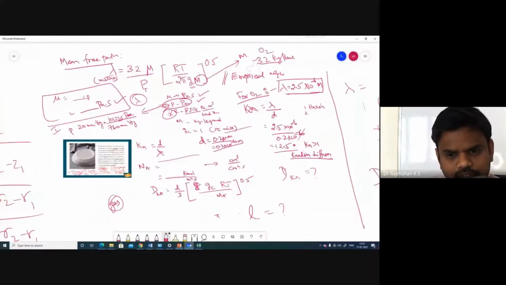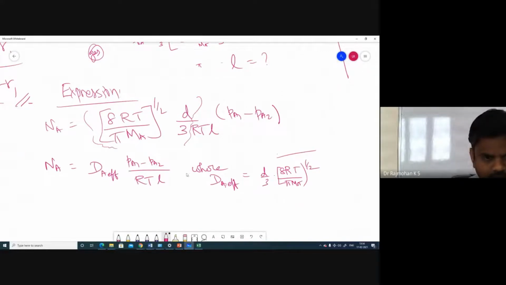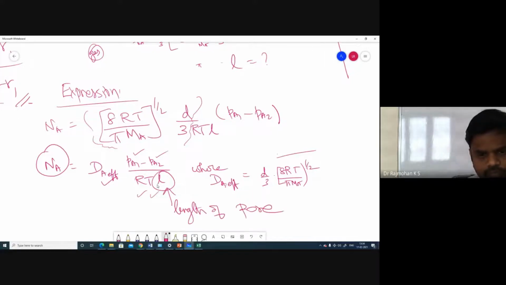I'll write that. So using this, flux is given, dA effective you are determining. We know partial pressure, PA1 is your total pressure, PA2 is negligible, R value, D value you know. Length is the only unknown parameter, you can get the length of the pore. What is dA effective?